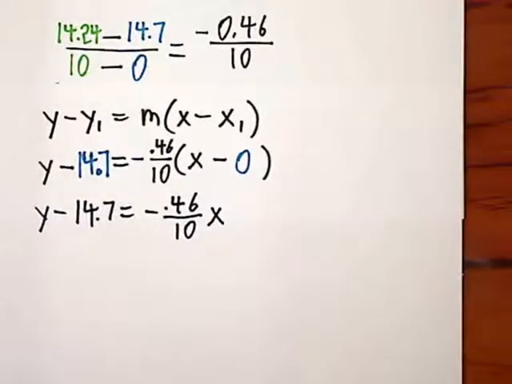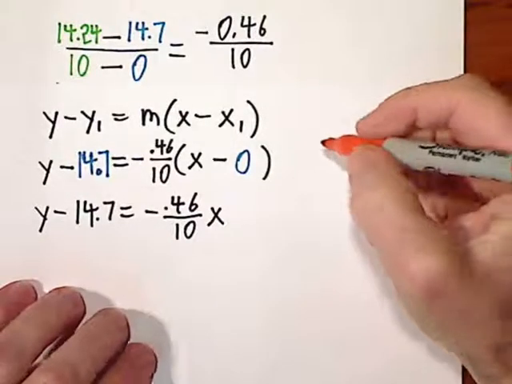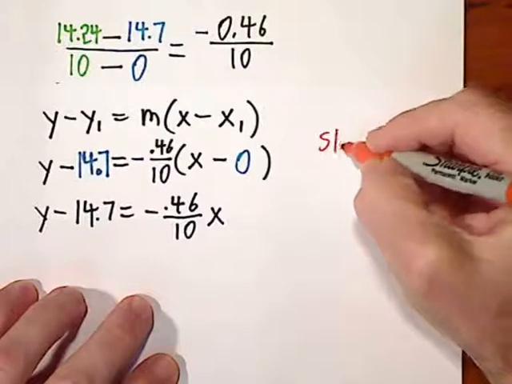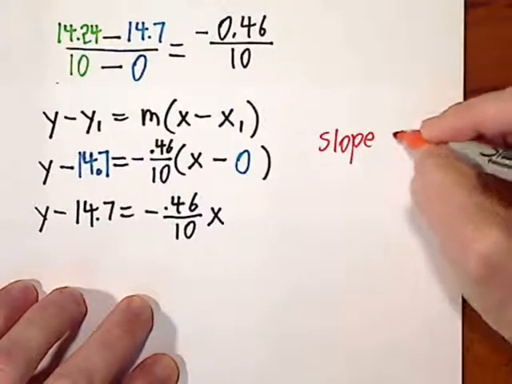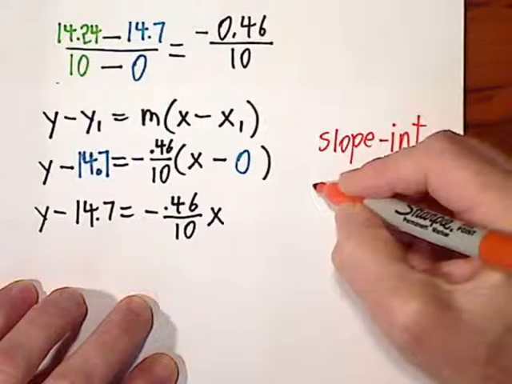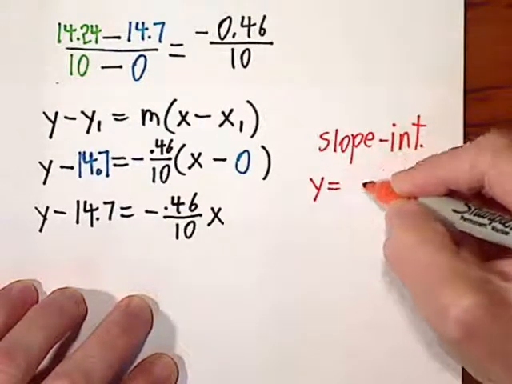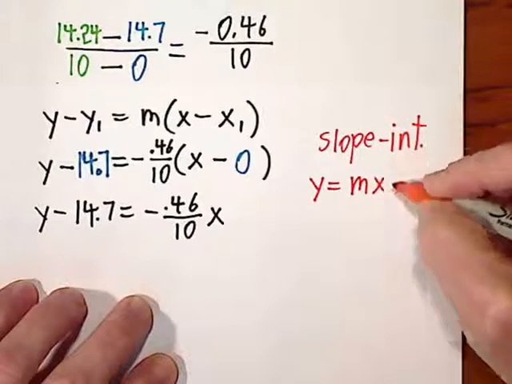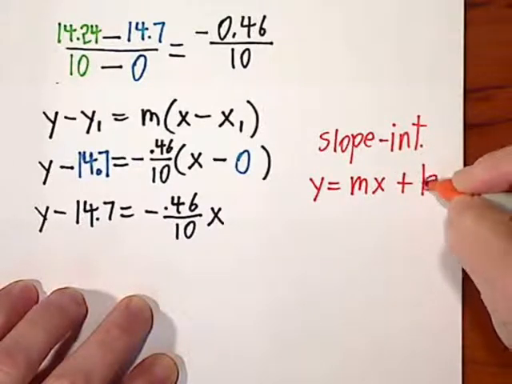Let me write that. Slope-intercept. I'm just going to put int, but this is slope-intercept form. y equals mx plus b.